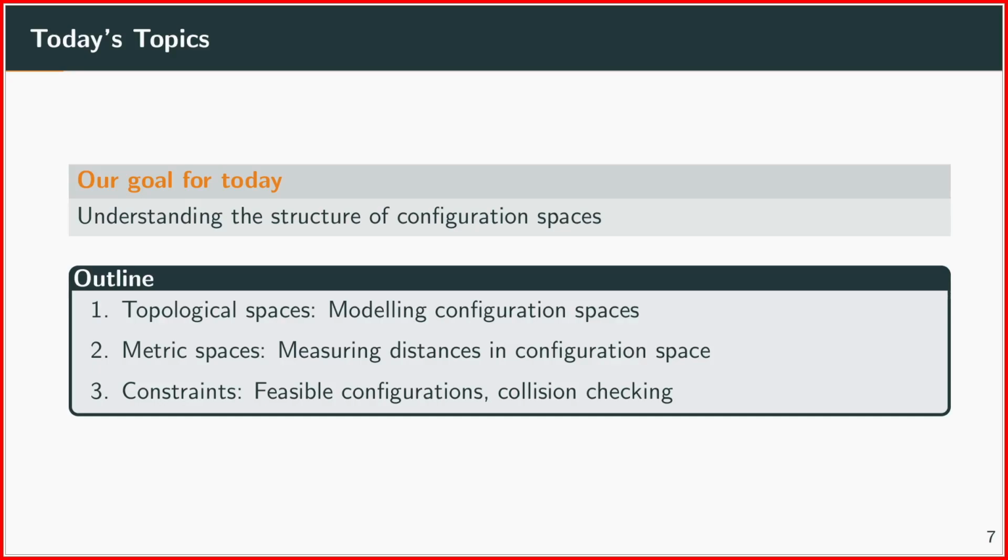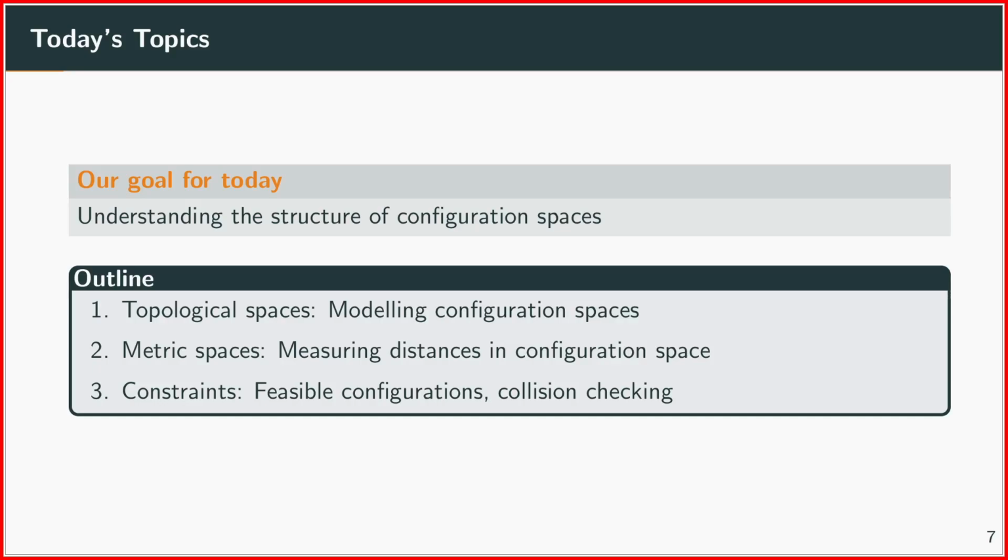So, goal for today, understanding the structure of configuration spaces. And as I already said in the beginning, there will be 3 topics. First topic, topological spaces, where we will model configuration spaces. We will look at different robots which have different joint types, and then we will see how this translates into configuration spaces.